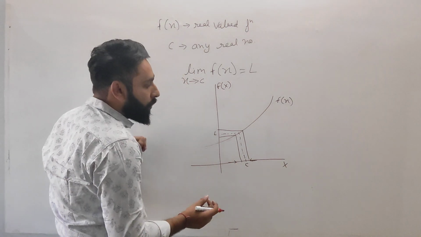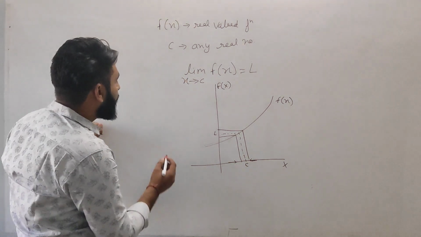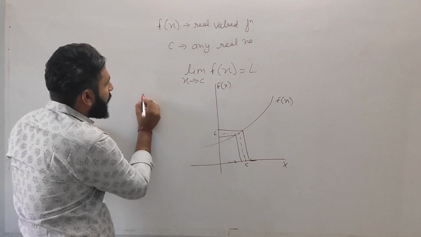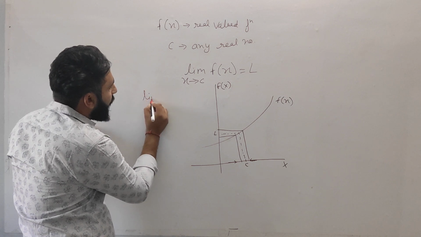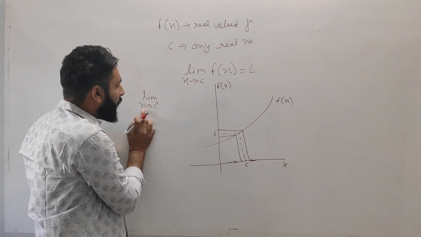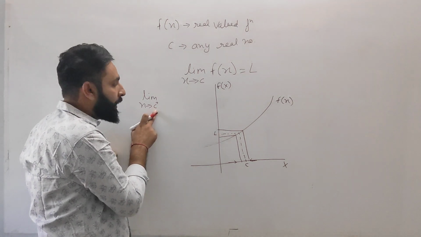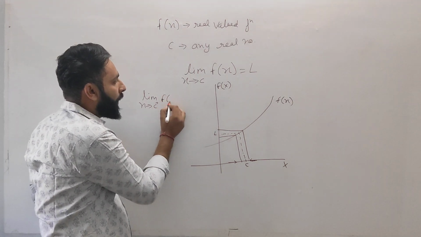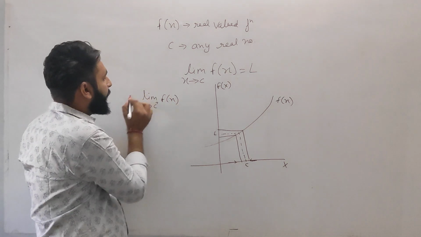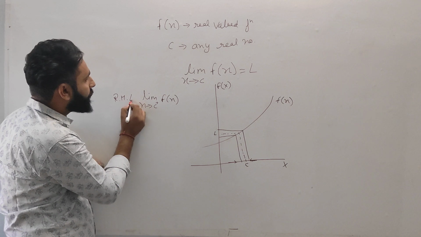So when we calculate the limit from the right side, we write limit x tends to c plus of f of x. This means that we are approaching c from the right side. It is called the right hand limit.